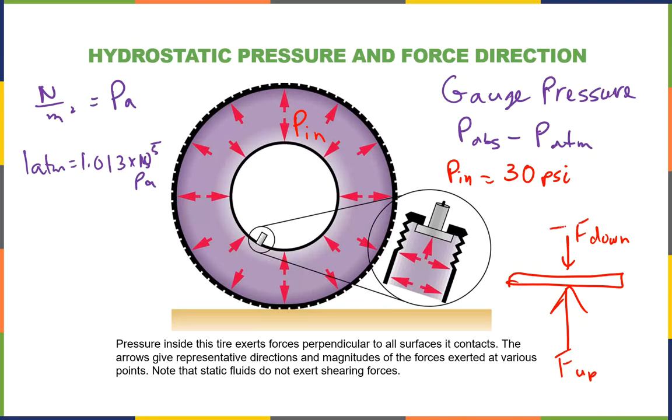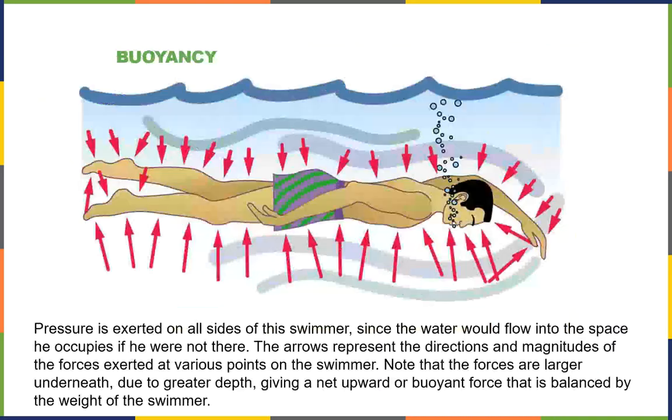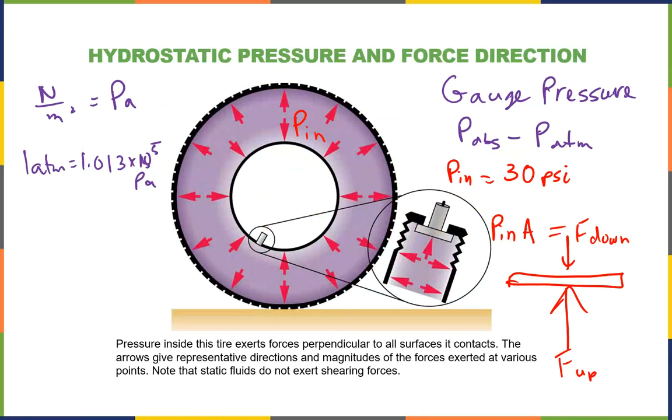The force down is going to be the pressure inside times the contact area. And the force up is going to have two pieces: the pressure outside times the contact area plus the normal force.